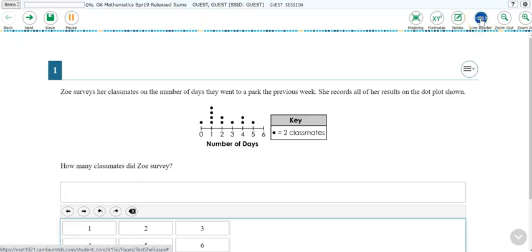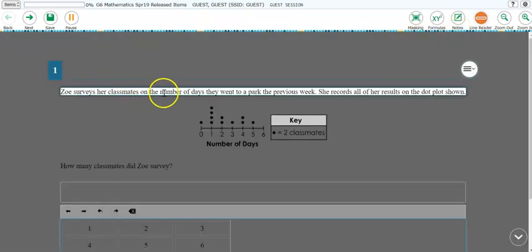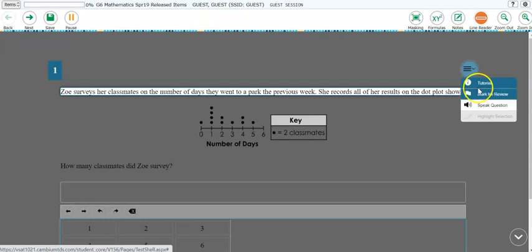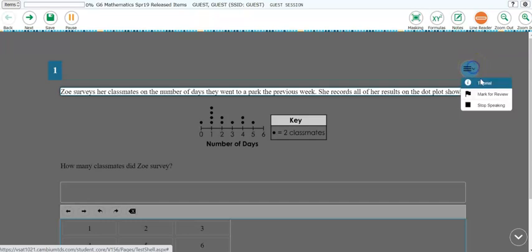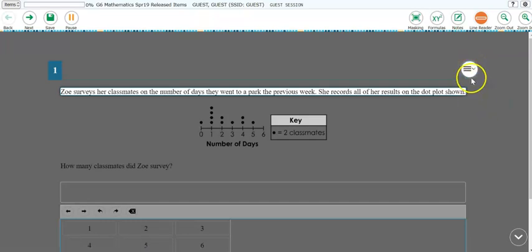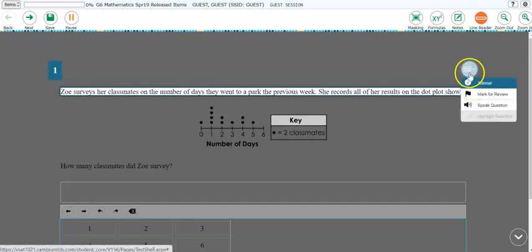Next thing is line reader. If you do that, it kind of shows what is going to be read. Then you would click on this little button and then speak question. All right, and then to stop it, you're going to have to click on that and put stop speaking, because if you don't do that, it's actually going to read all of this.